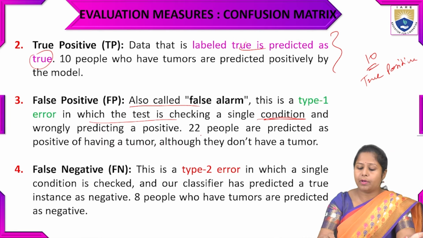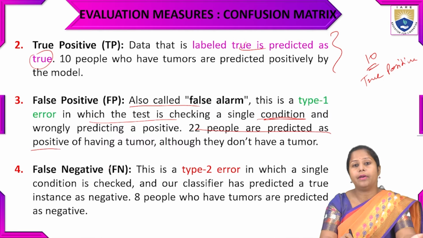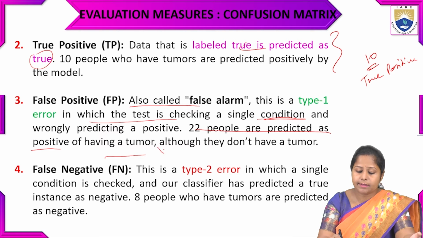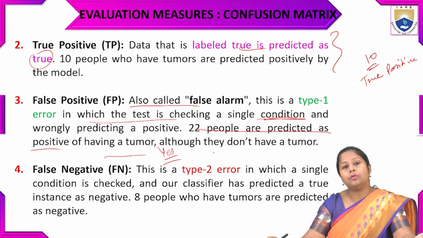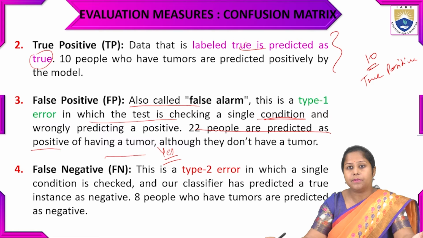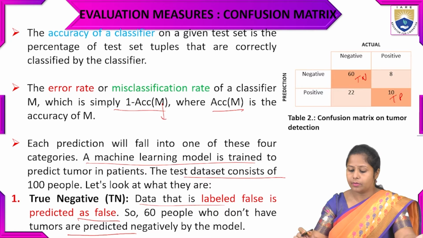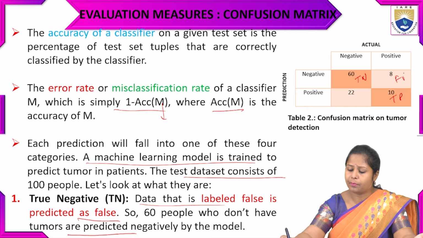So 22 people are predicted as positive for having a tumor. They don't have the tumor, but the classifier classified them as having the tumor. So that comes under false positive.